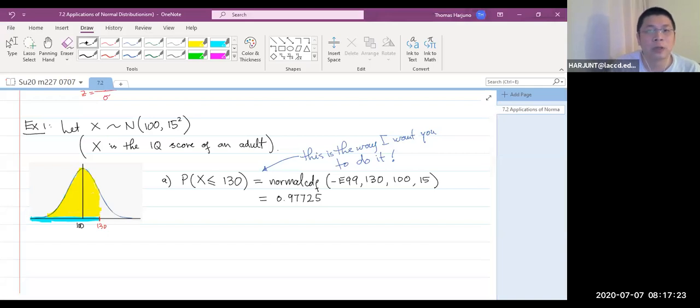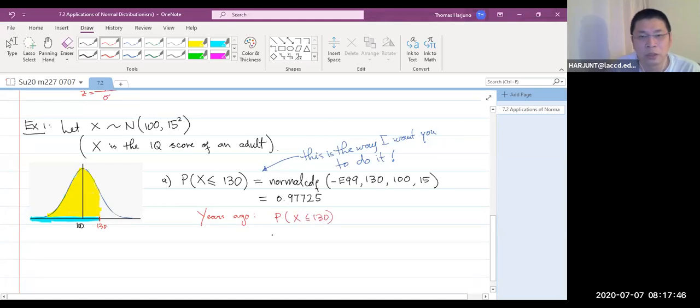By the way, in old time, so many years ago, I think around 2 or 3 years ago, I would ask my students to do it this way. Probability that X is less than or equal to 130 is equal to, then I standardize first. Z equals 130 minus 100 over 15.